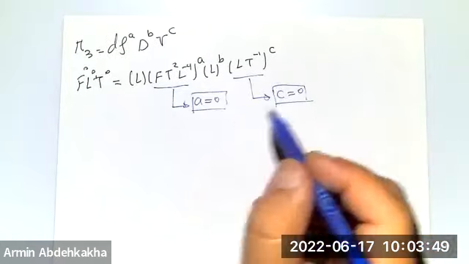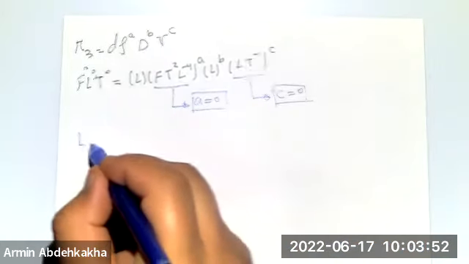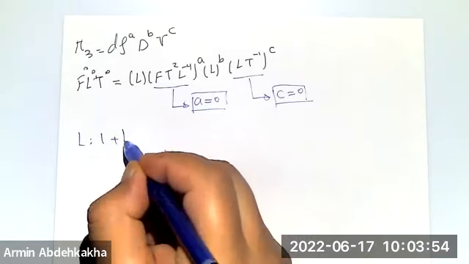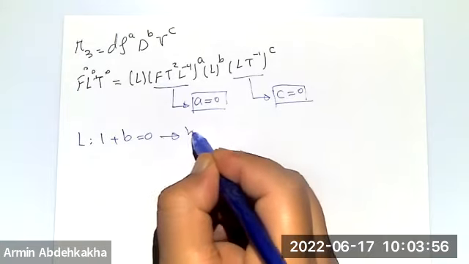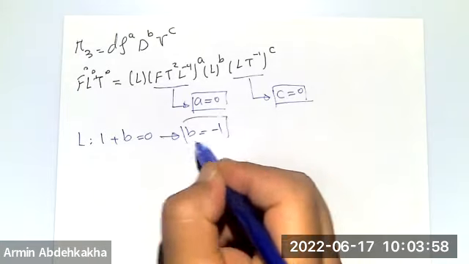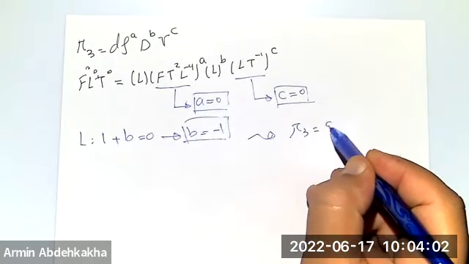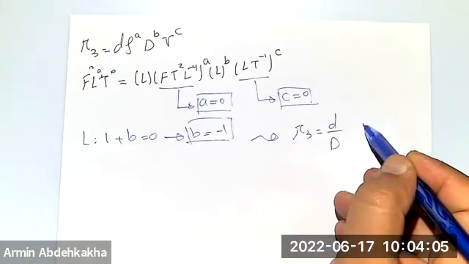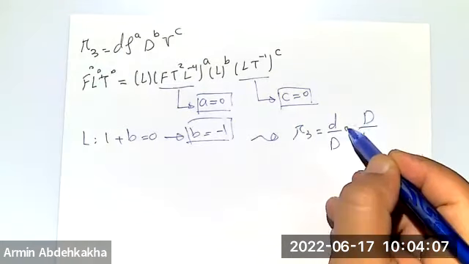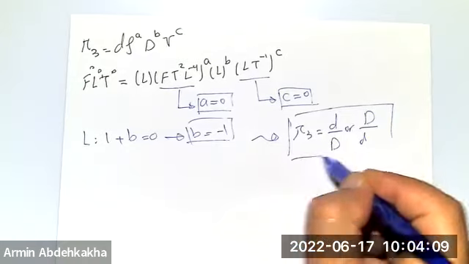These two are 0. The only thing is L, 1 plus b equal to 0, then b is going to be minus 1. Then your pi 3 is d over D or D over d. Both of them are correct.